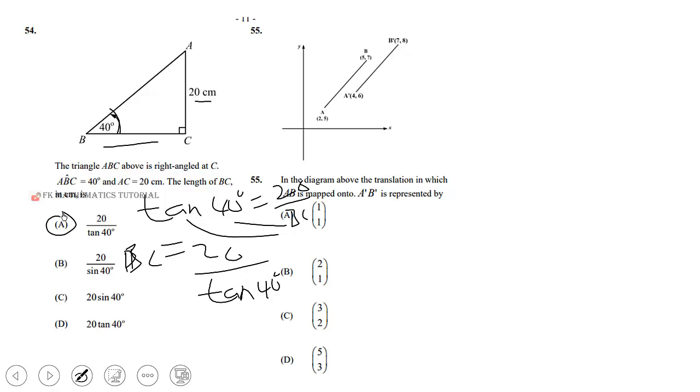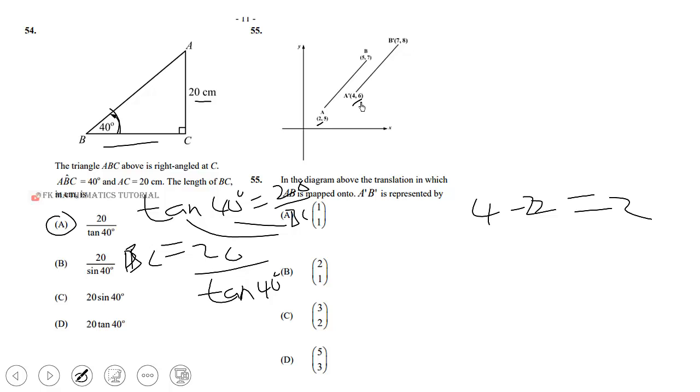We have question number 55 here. In the diagram above, the translation in which AB is mapped onto A prime, B prime is represented by. So 2 moves to 4. So the distance there is 4 minus 2, which is 2. Then 5 moves to 6.